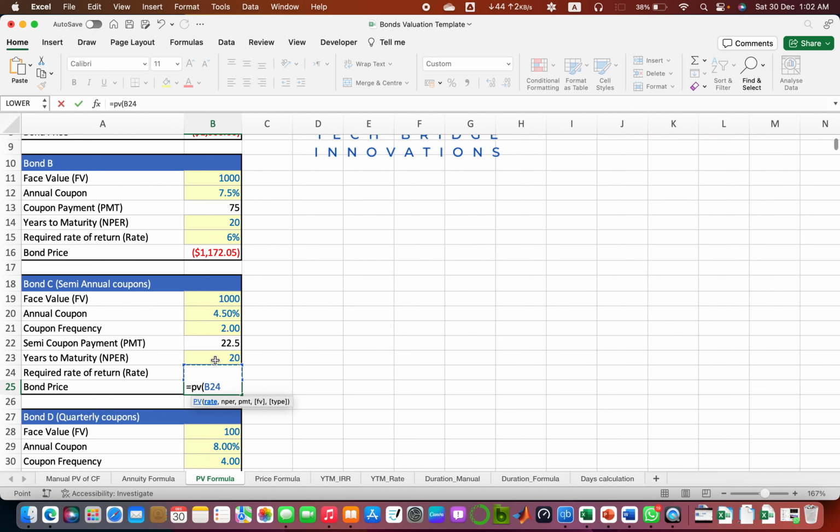The number of periods is not 20, because years to maturity is 20; it will be 20 times 2, because you are getting a payment twice a year. PMT we have already adjusted, so we don't need to multiply or divide anything. Future value, face value is 1000, and end of period, so we got the price here, 937.24.